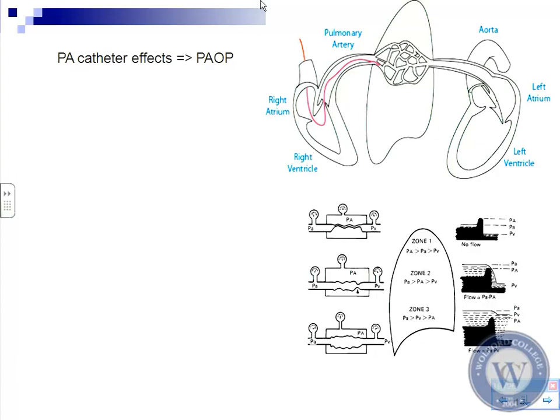But that takes into consideration that the pressure inside the alveoli can affect your readings. So anytime the alveolar pressures exceed the arterial pressures, then you're really not seeing the left atrium anymore. In zone 1, you're not going to see anything going on inside the alveoli; it's all a measurement of alveolar pressures.